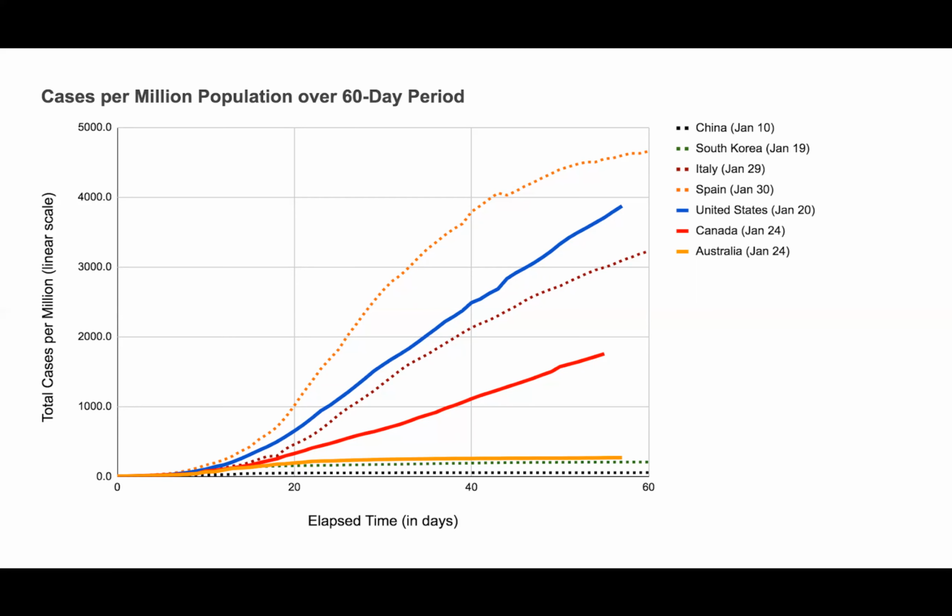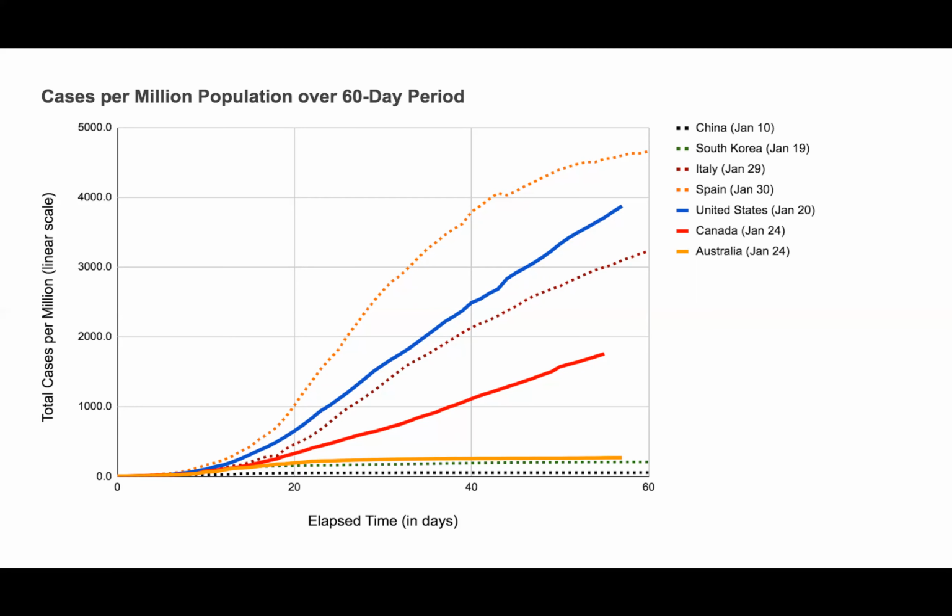So you can see that down at the bottom there, Australia in orange, they flattened the curve early, within 20 days of seeing a lot of cases. Same with South Korea and China, although the data from China is debatable.